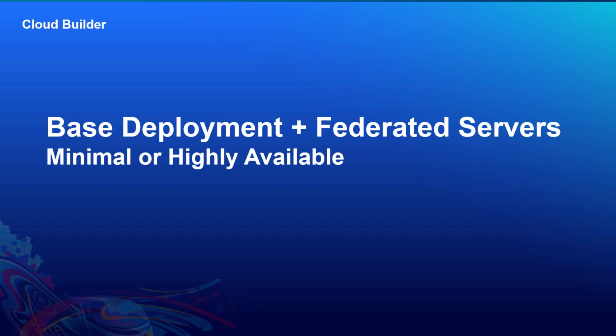One of the nice things about the base deployment and federated servers is you don't have to give up high availability. We can pick a minimal kind of architecture where we try to minimize the cost, but it won't be highly available. Or we can set up a highly available architecture for you as well. That's what I'm saying. You're not giving up much when you're using the Cloud Builder because you get most of the architectural considerations that you care about.